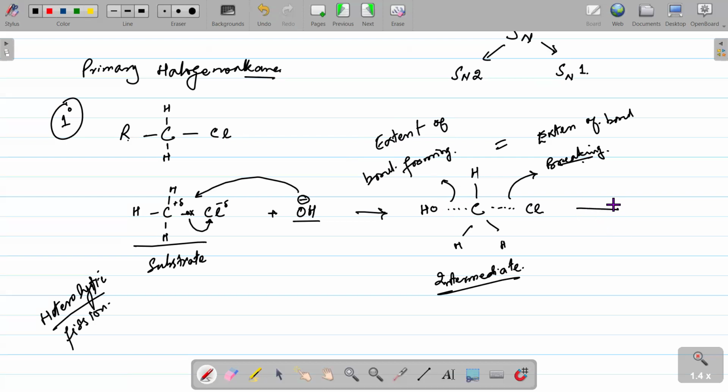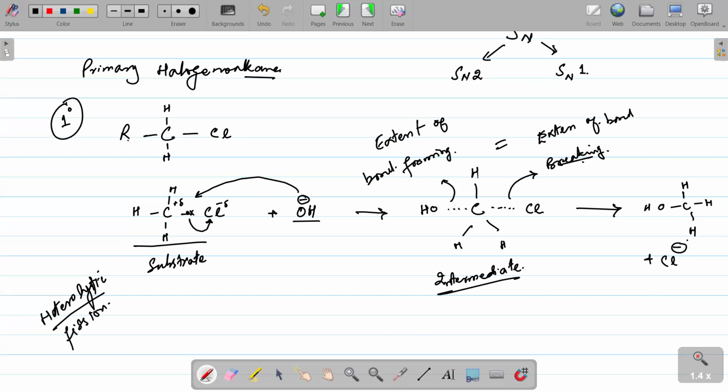Next, when the previous bond completely breaks, the new bond will be 100% formed and we get the substituted product like this, and a leaving group, Cl negative.